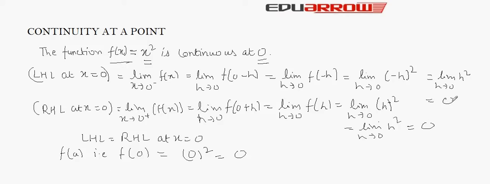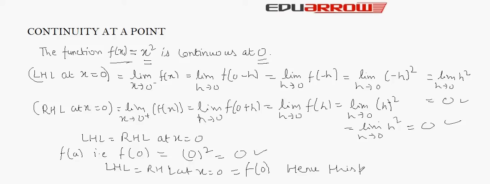From the above facts, we can observe that the left hand limit is equal to the right hand limit at x = 0 and is equal to f of 0. Hence, this function is continuous at x = 0.